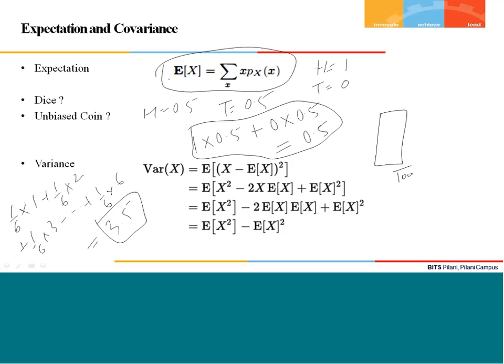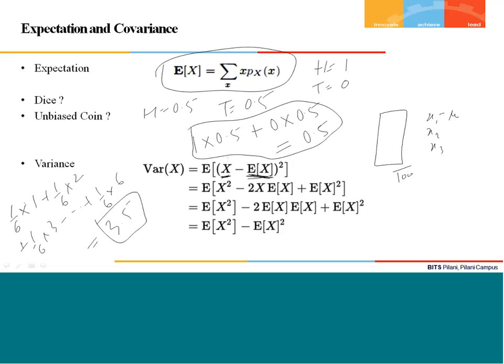So variance is how much variation there is, how much each number is deviating from the mean. So this is the expected number, like the average number, and this is each number one by one. You subtract the mean from a particular number, square it, and take the average. For example, say x1, x2, x3, and their average is mu.